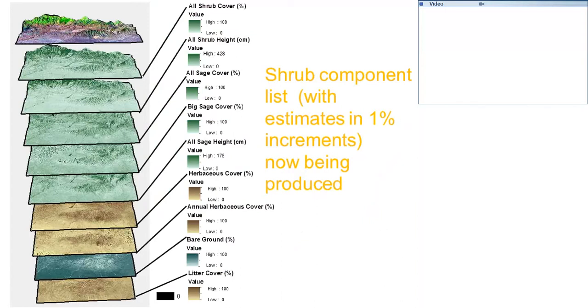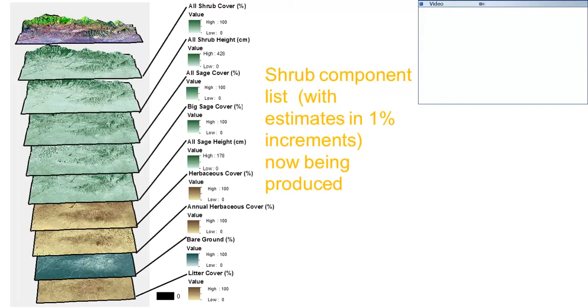A little hard to read, but this is the product suite we're developing across the western U.S. now. This is the satellite scene itself. Per pixel, remember, the satellite frame on the landscape is now a suite of products that nest. They're designed to be used in comparison and contrast, in complementary fashion, one with another. For shrub, we make a sage cover estimate, a big sage cover estimate. We also do shrub and sage height estimates.